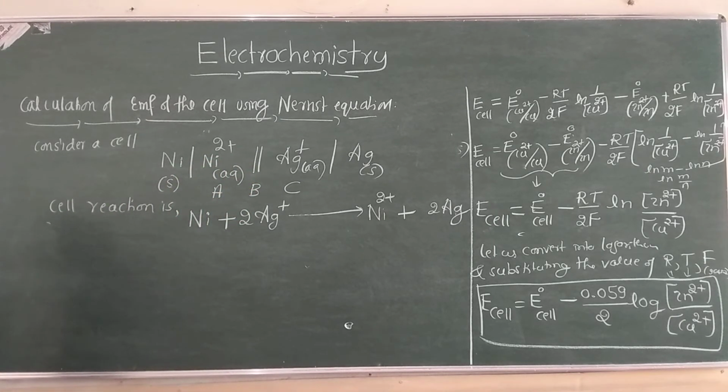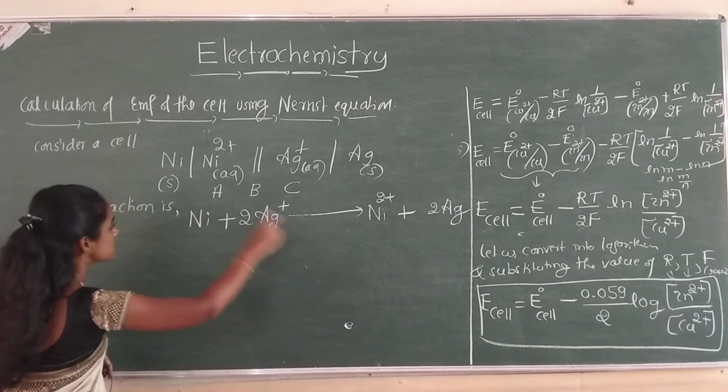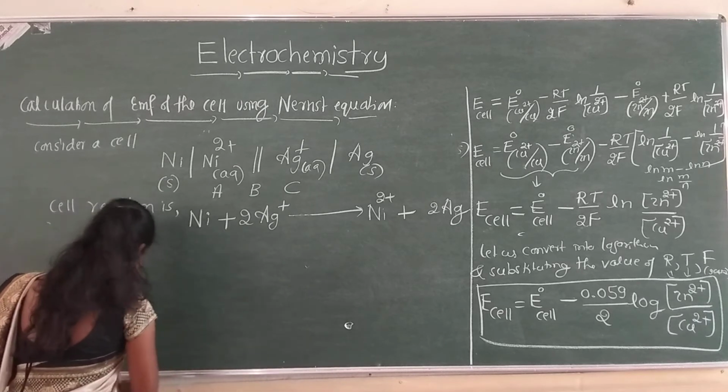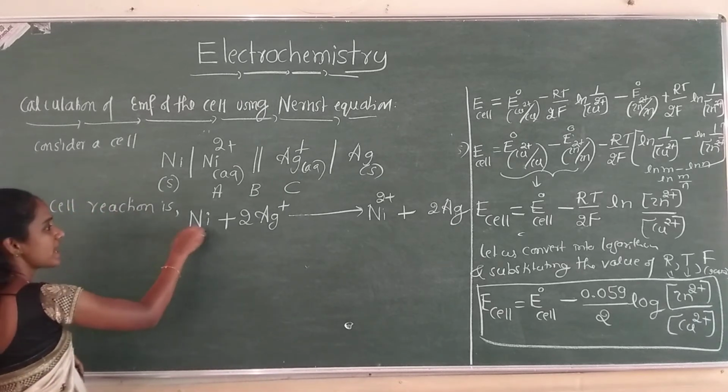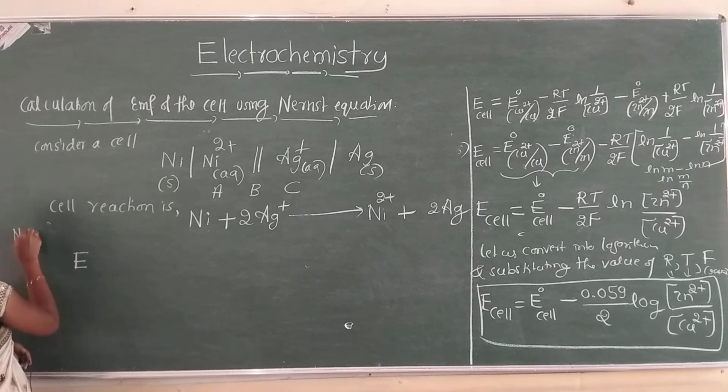Now, we have studied, we have discussed the Nernst equation. So let us write the Nernst equation. Let us apply the Nernst equation for this electrode reaction, this cell reaction.